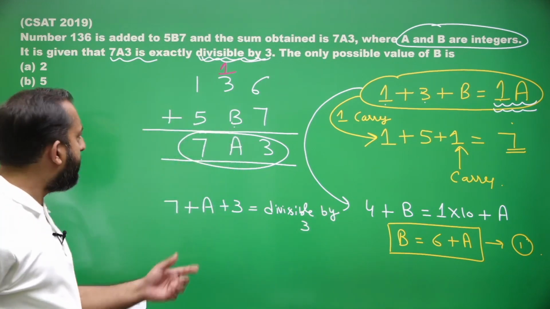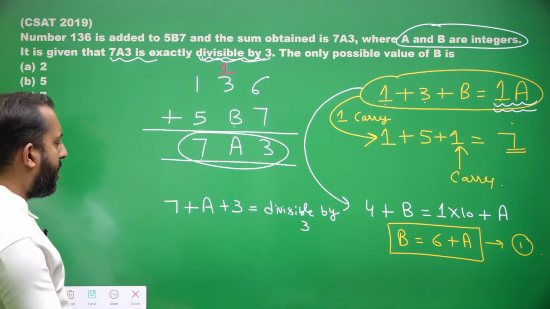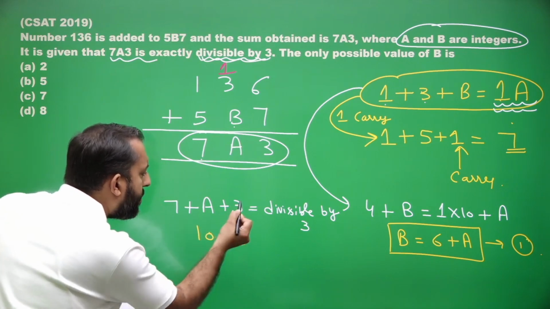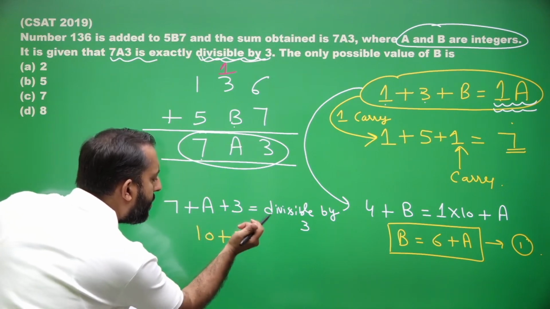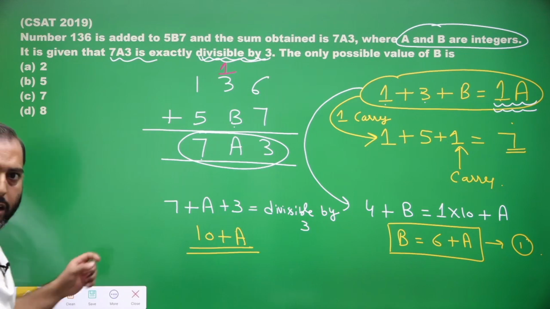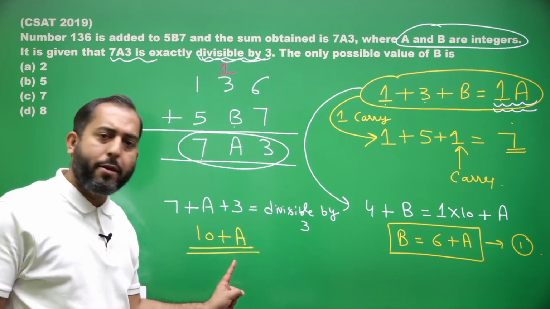Now let's check it out. 7 plus 3 is 10, so 10 plus a should be divisible by 3.